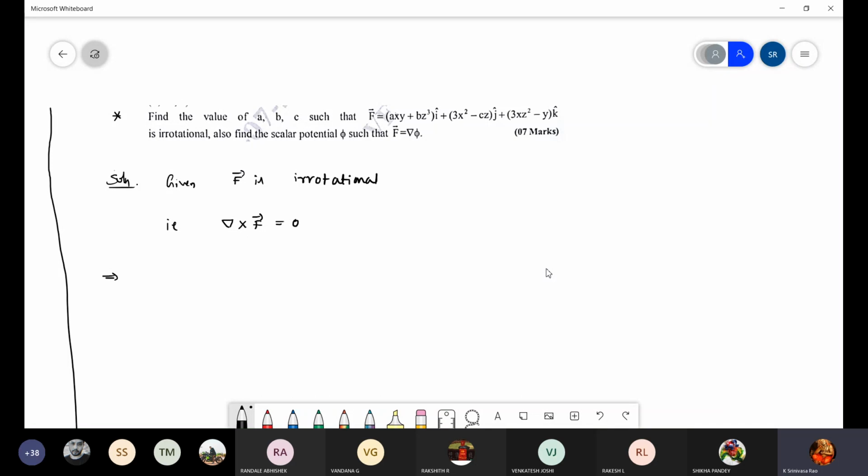That implies determinant i, j, k, dou by dou x, dou by dou y, dou by dou z, first component axy plus bz cube, second component 3x square minus cz, third component 3xz square minus y, equal to 0.